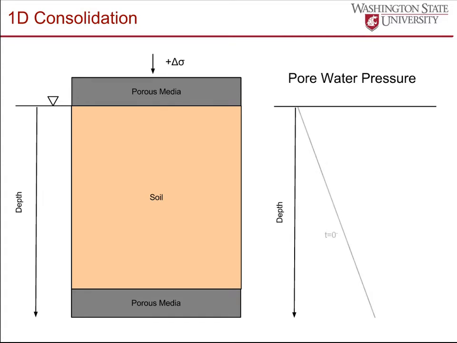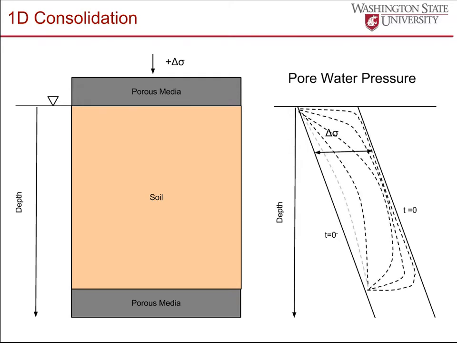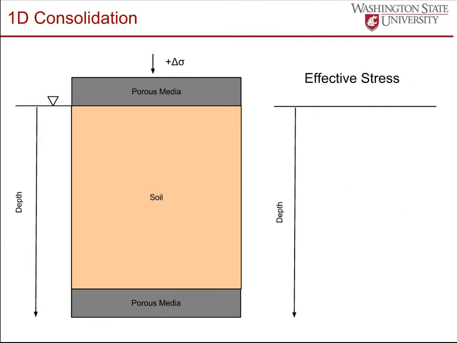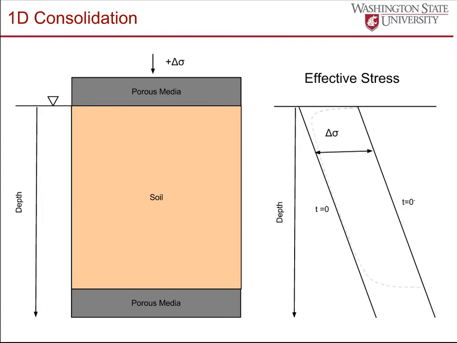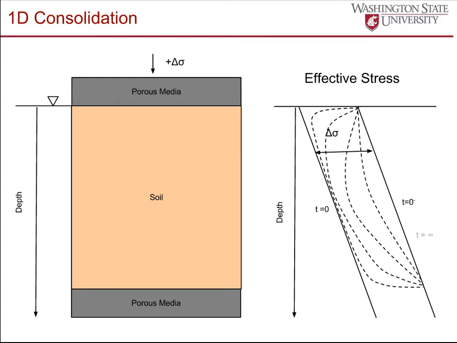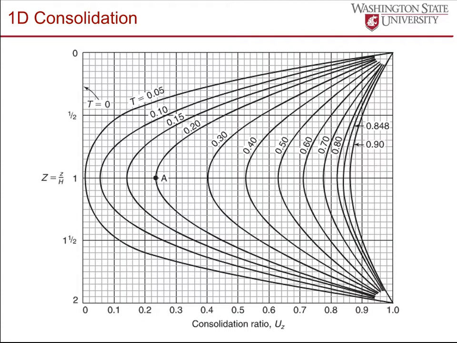Pore water pressure, initially as it is, but when t equals 0 and the stress is applied, it shifts over, and then over time that water leaks out and that stress goes back to 0. At t infinity, it's back to its original position. With effective stress, however, it starts at 0, and then the soil carries the stress this way. You've seen all that before.